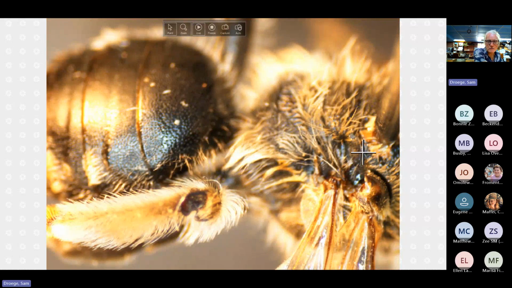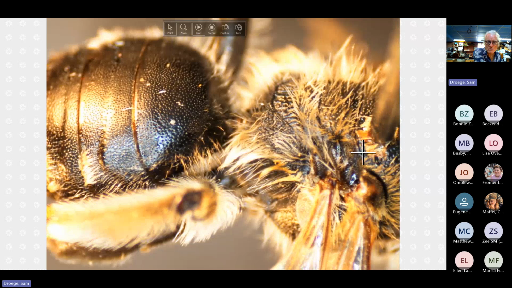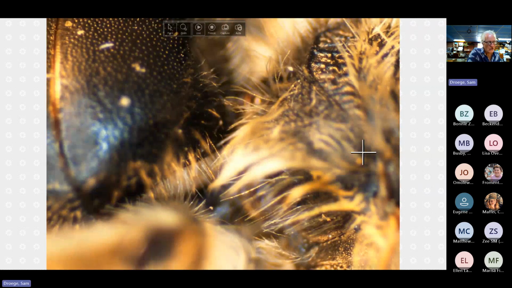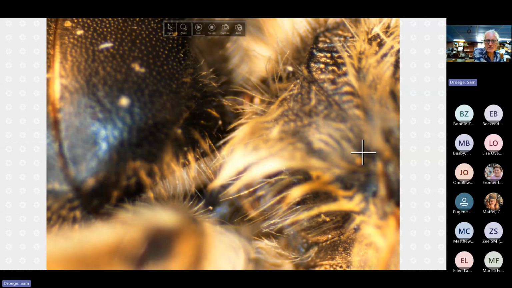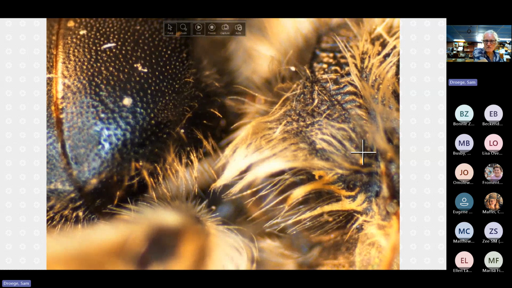And the other thing is, like with many insect specimens, sometimes you can see a character well and other times you can't. So it's nice to have duplicative characters that you can count on to separate out the species. So here, finer structure.